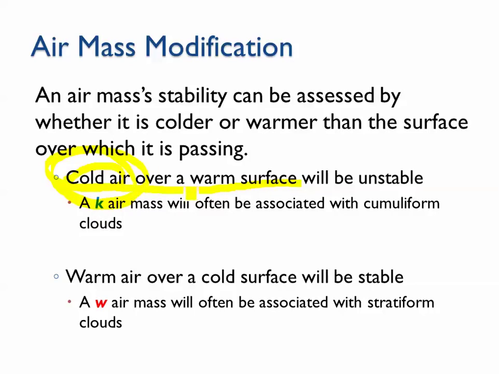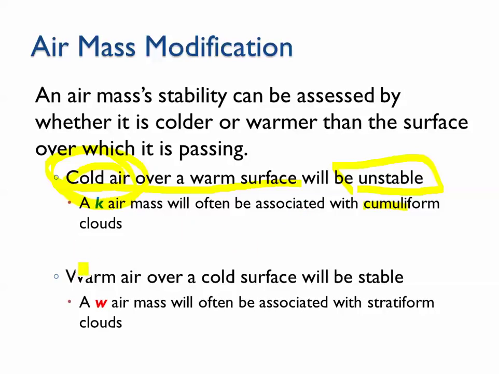What happens with warm air? It's going to rise, and rising air means instability. So a K air mass, cold air over a warm surface, will create cumulus clouds, and we can often have rain associated with thunderstorms even.